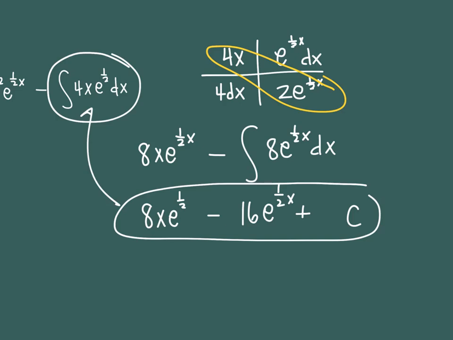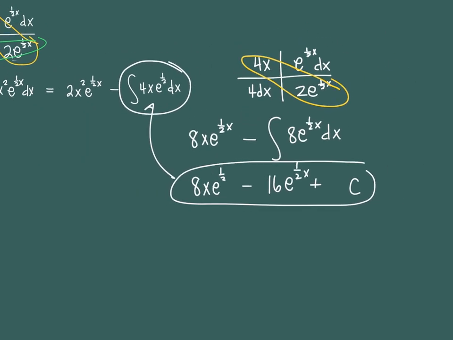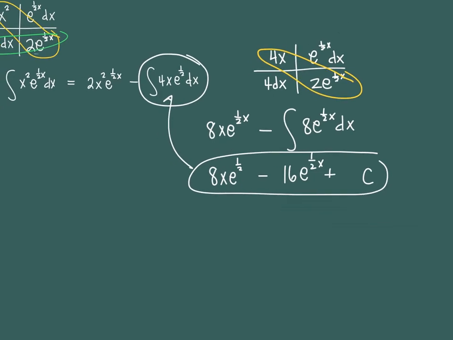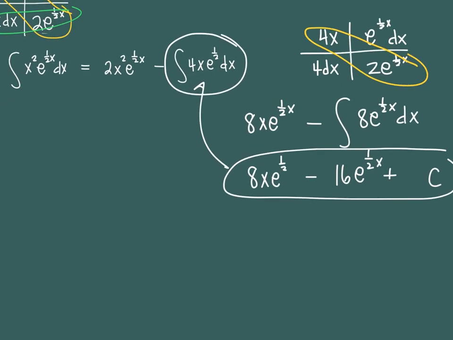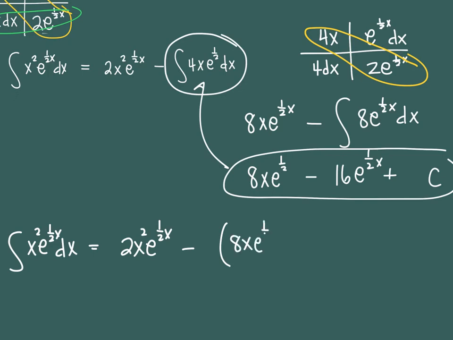So the whole answer is: x squared e to the half x dx is equal to the original 2x squared e to the half x, minus now the quantity from the second time, which would be 8x e to the half x minus 16 e to the half x plus c.